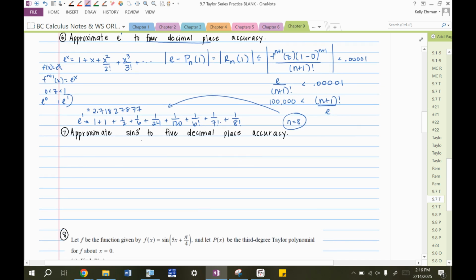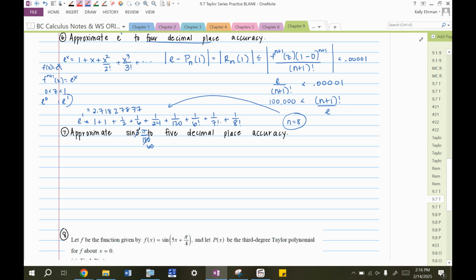Approximate the sine of 3 degrees to 5 decimal place accuracy. This is a bit obnoxious. Why did I do 3 degrees? I'm not the maker of these worksheets. I was just generously given them, so I cannot complain about them. So, sine of pi over 60.